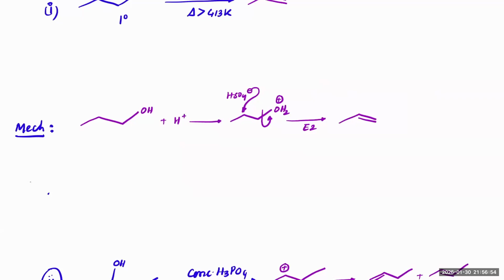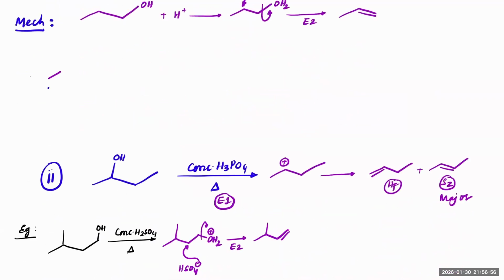When you have this double bond in the presence of concentrated H plus and heat, again the protonation will take place. This time protonation will add H on this position and give a positive charge here.